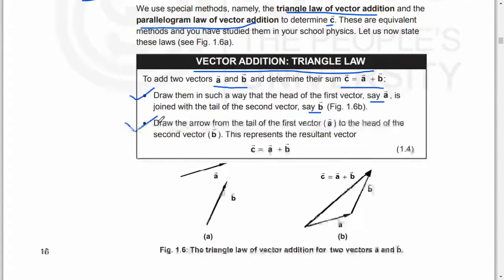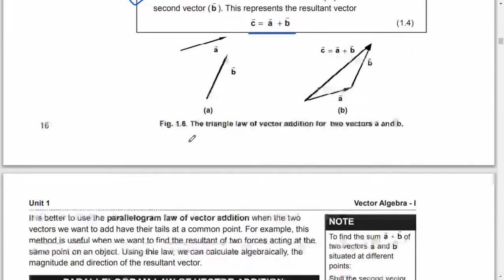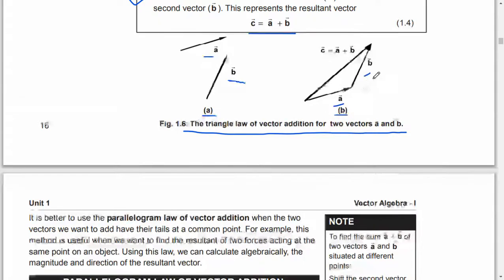Draw the arrow from the tail of the first vector A to the head of the second vector B. Represent the resultant vector C vector equal to A vector plus B vector. The triangle law of vector addition for two vectors A and B.